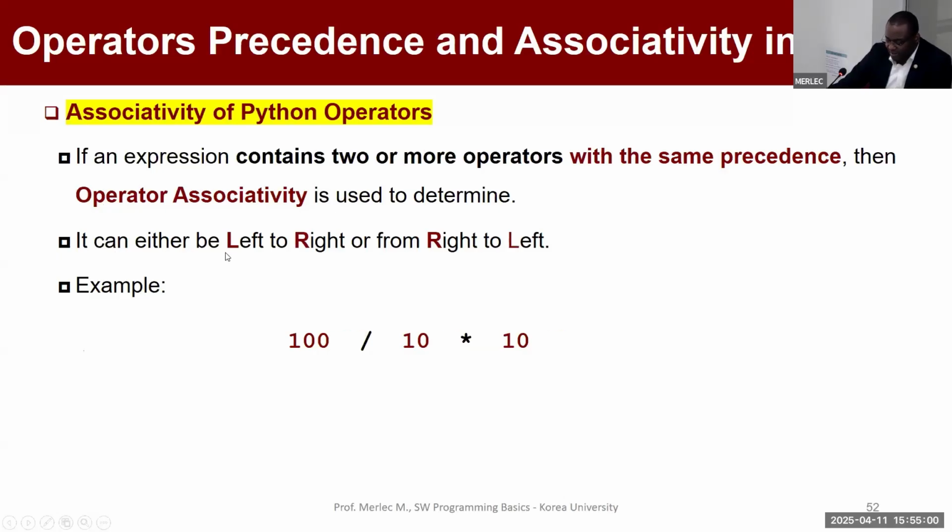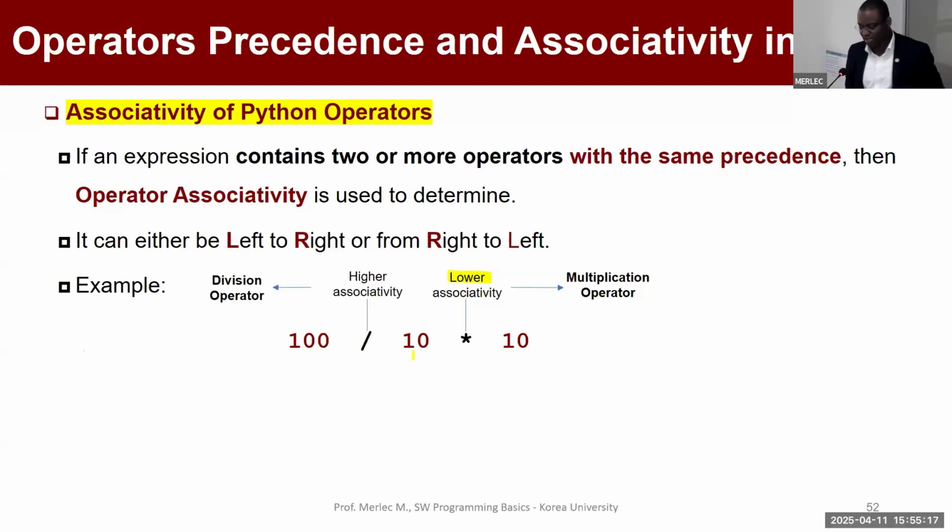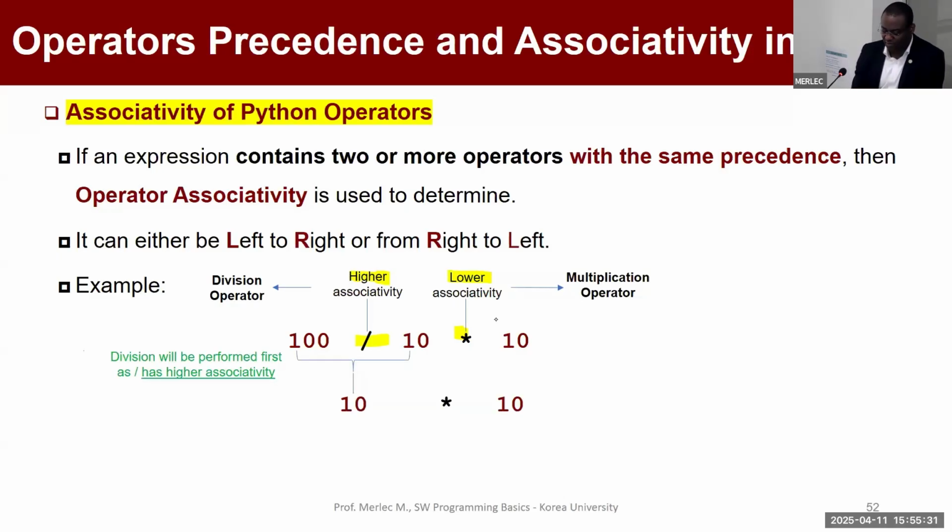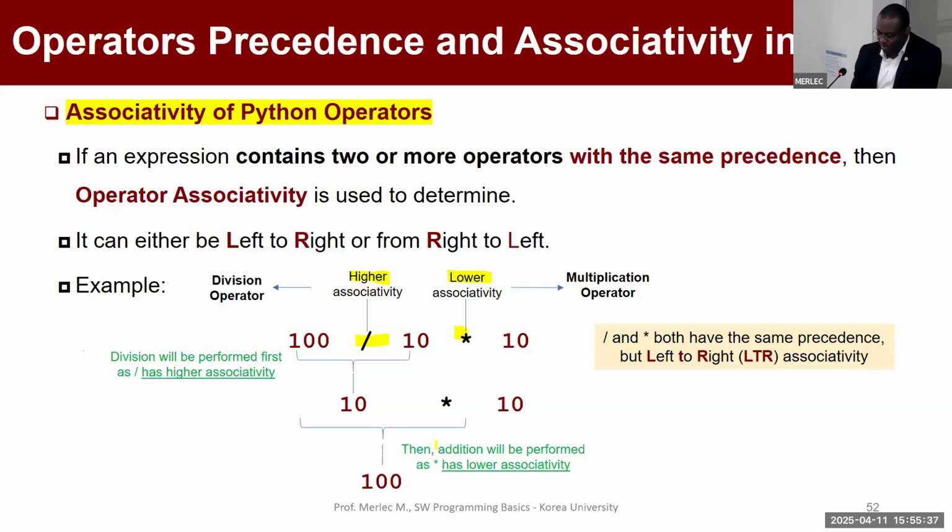We can evaluate them either from left to right or from right to left. Here, division and multiplication both have the same precedence. In this case, we start first with the division, and then we do the multiplication.